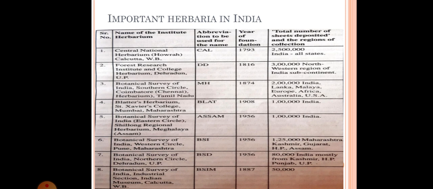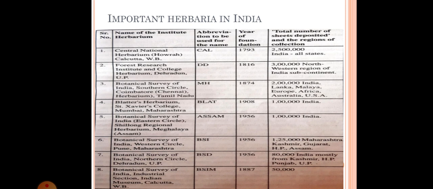Then next, Botanical Survey of India, Western Circle, Pune, Maharashtra. Abbreviation is BSI, and year of foundation 1956, and total number of sheets, 1,25,000. It is collected from Maharashtra, Kashmir, Gujarat, HP, that is Himachal Pradesh, and Assam.